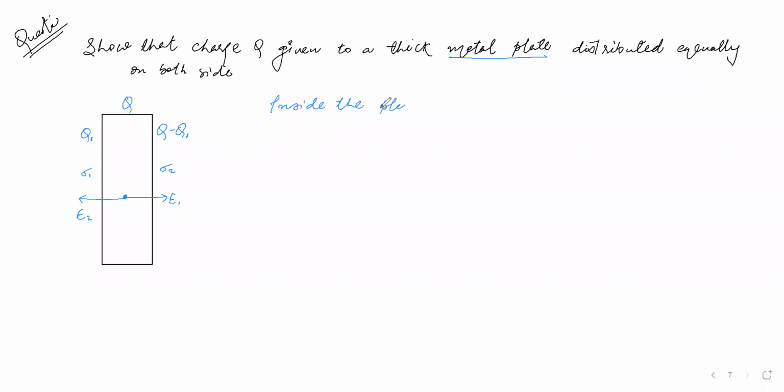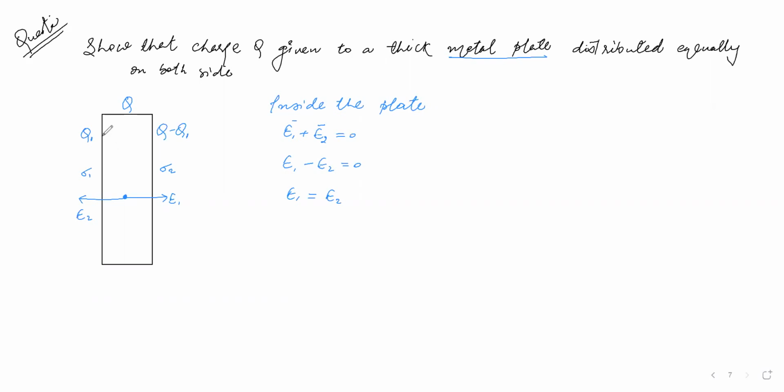Inside the plate, E1 plus E2 is 0, or E1 minus E2 is equal to 0 because both are opposite in direction. Then electric field 1 is equal to electric field 2.